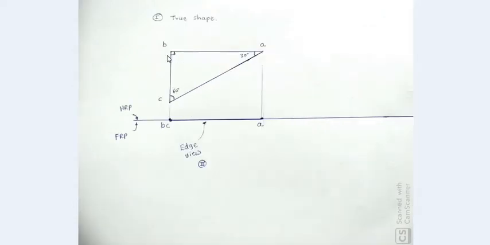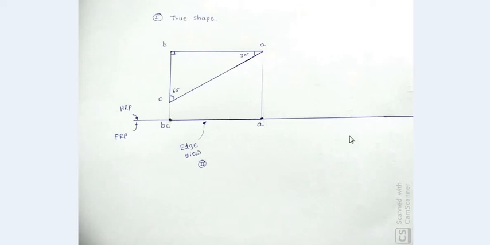Now in the second step we will be projecting the points in the top view to form the edge view, and this edge view we are keeping on FRP on the reference line. This would be our second step. Now in the third step, we would be completing the condition with respect to FRP first, because in the initial orientation we have kept the plane or edge view in the FRP.